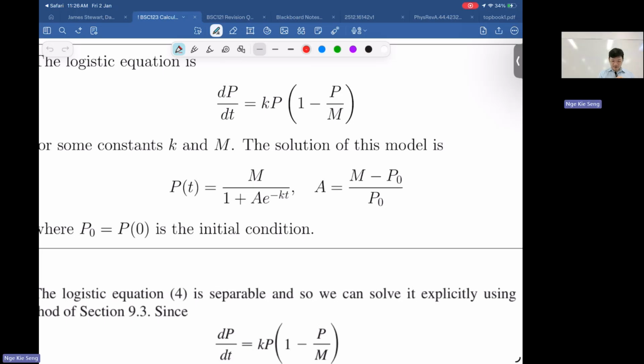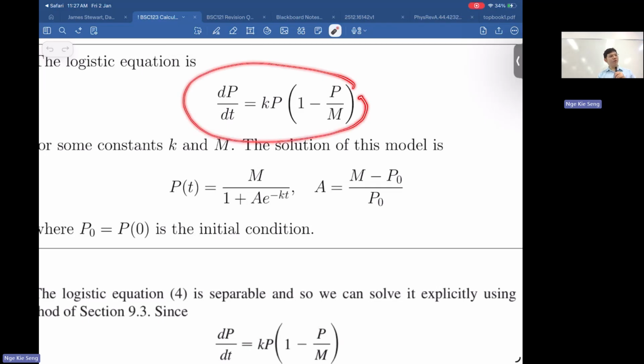To use this formula, make sure you write it in this form first. You need to be careful. If you're going to use the formula, you need to make sure you start with the right form: something times P times 1 minus P over the carrying capacity.